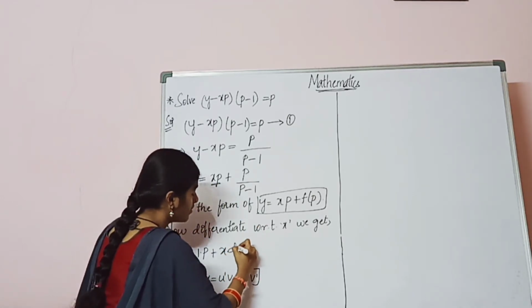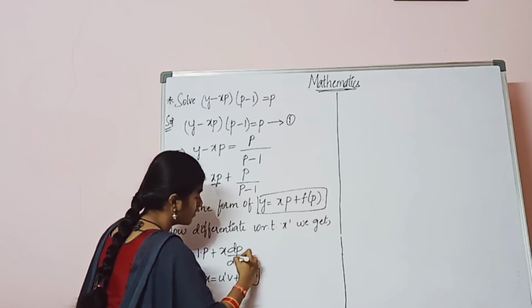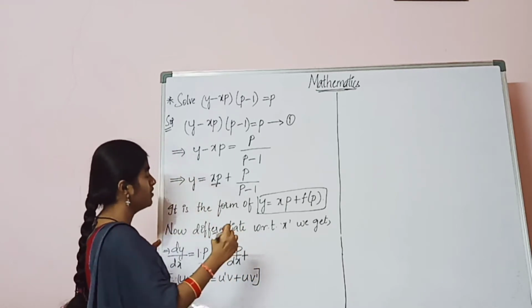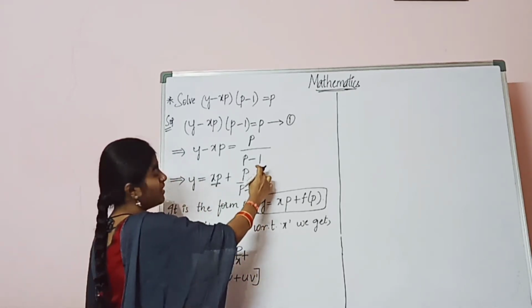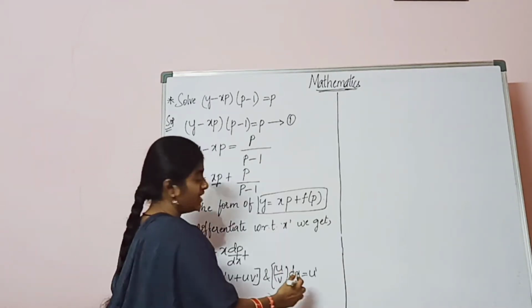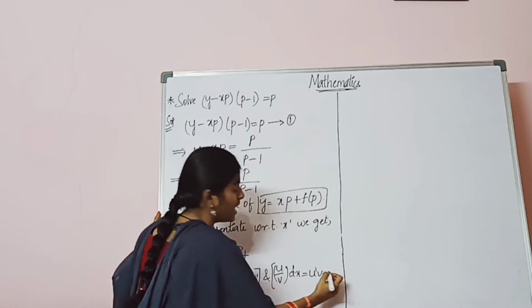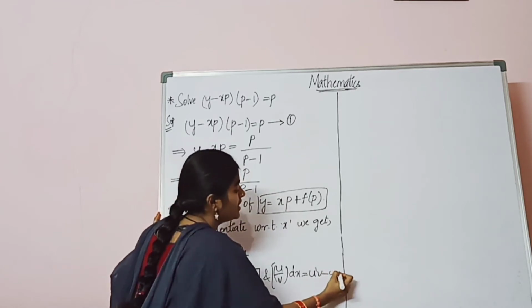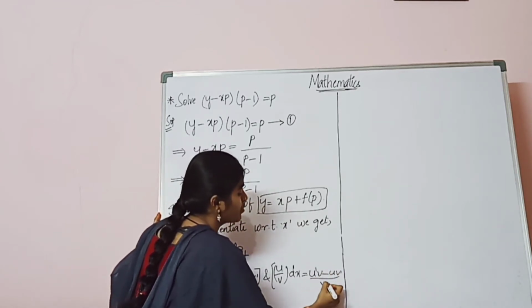So x into dp by dx plus, for this term we apply the u by v formula: d of u by v by dx equals u dash v minus u v dash by v square.